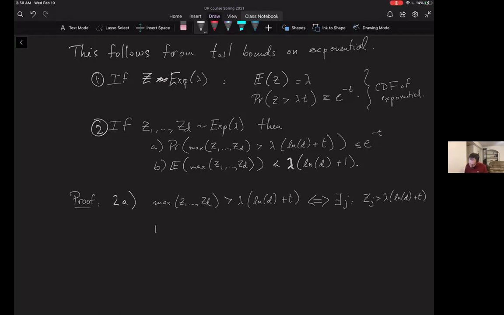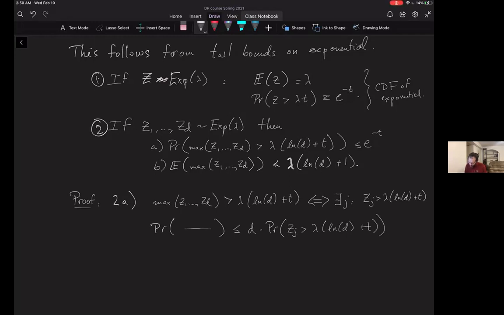And so the probability of this event occurring, by a union bound, is at most d times the probability that any one of the zj's exceeds lambda times log of d plus t.